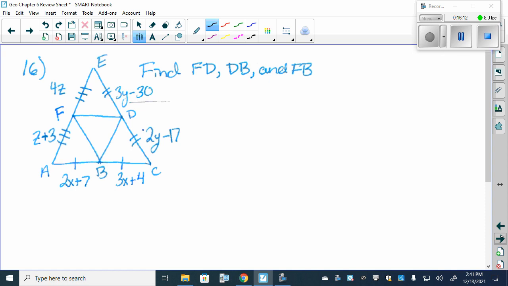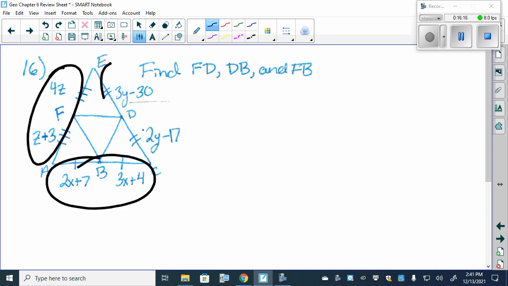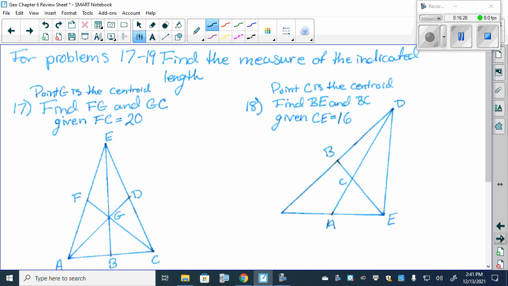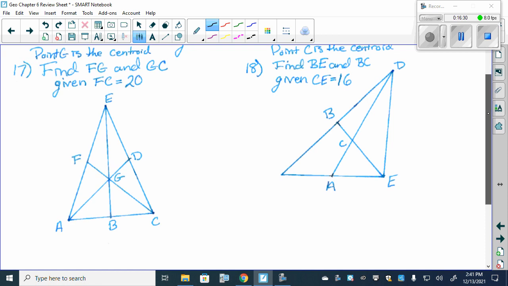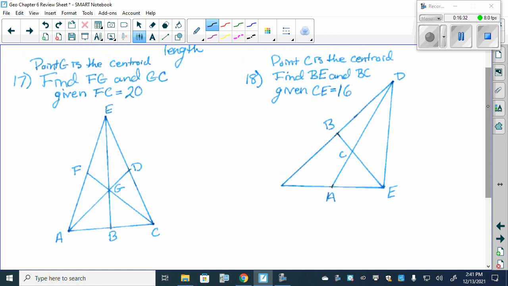Okay, 16, if we went and did it, we would set each one of these sets equal to each other, solve for z, x, and y, and plug back in to find the lengths. Well, we can look at both 17 and 18. We can look at 18 first. 18 tells me that the length of CE is 16.